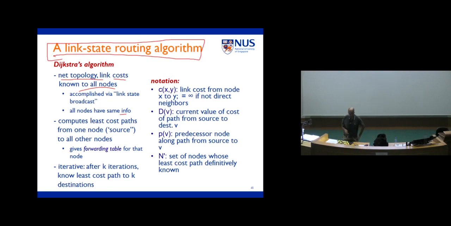Now, before we get into the algorithm itself, there is some notation we will use. C of xy will be the cost of the link between x and y. Imagine you have two routers, x and y. The cost is denoted by C(x,y). What if there is no link between x and y? Then the cost is infinity.